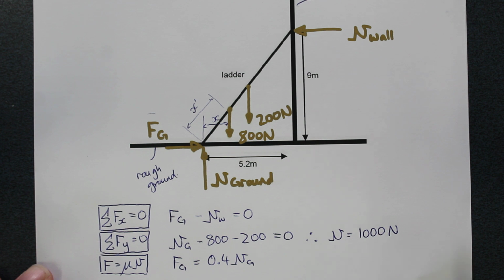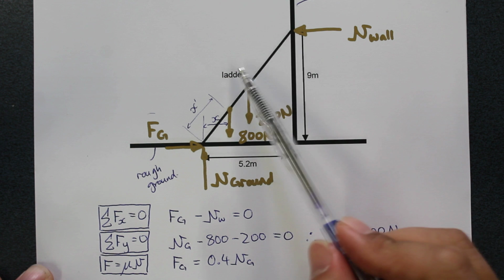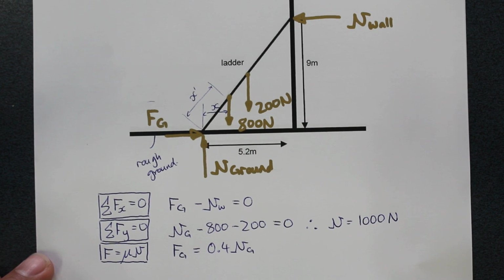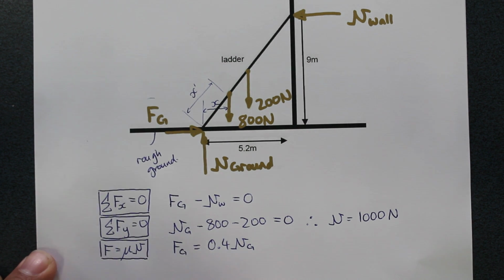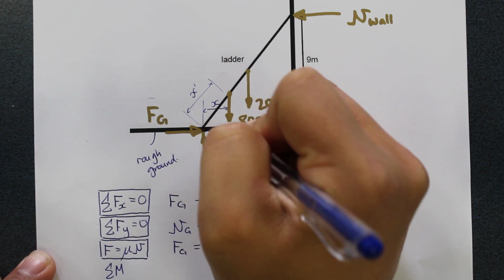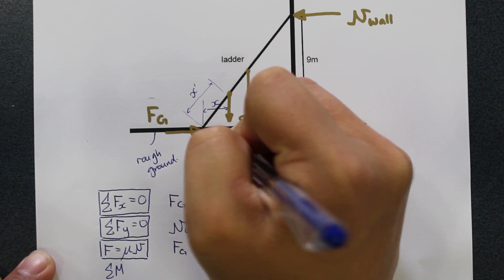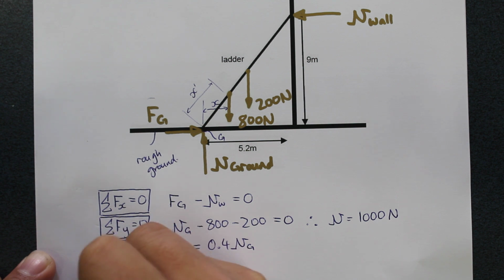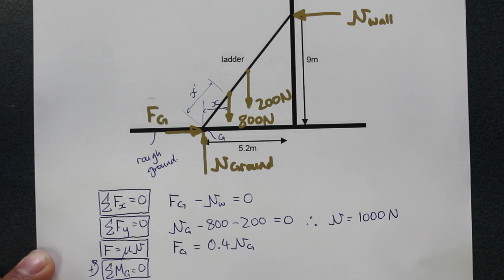Lastly, we also know about the overall moments in this system. For conservation of moments, we can write that the summation of moments around a point, and this time we're going to pick point G at the ground, should be equal to 0. We'll take anti-clockwise as positive.